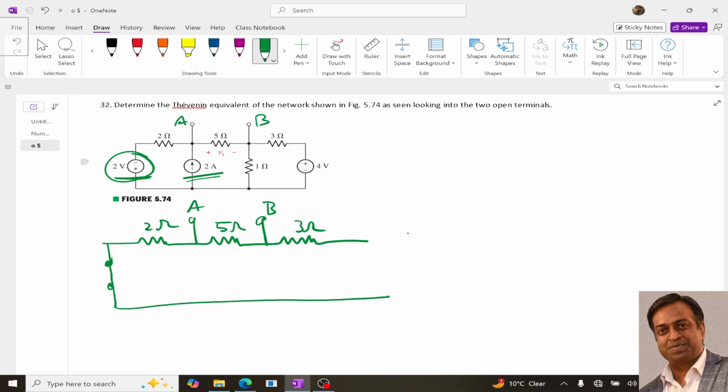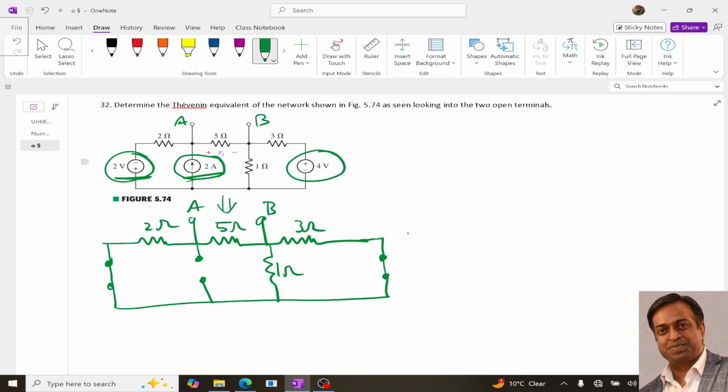Now this is the current source, this will be deactivated, meaning it will be replaced with an open circuit. Then we have this 1 ohm, and this voltage source needs to be deactivated, so it will be replaced with a short circuit. Now after having this circuit, I need to determine RTH through this AB terminal.